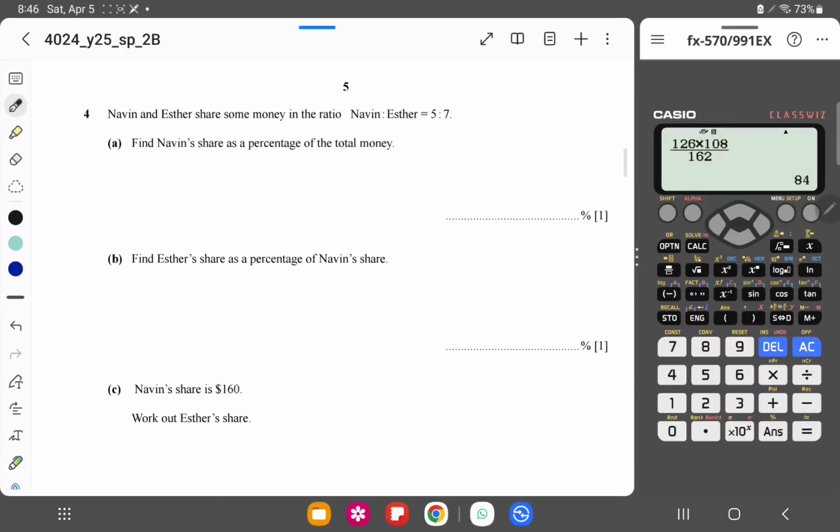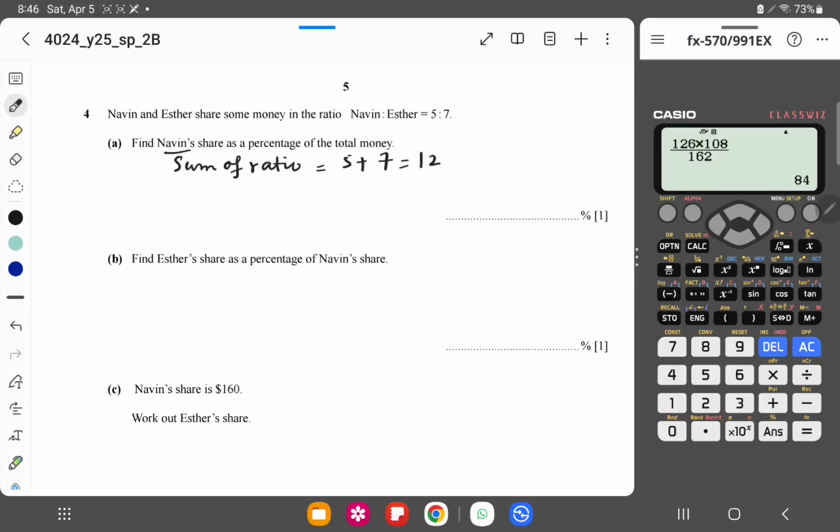Okay, question number 4. Naveen and Esther share some money in the ratio 5:7. Find Naveen's share as a percentage of the total money. It's asked in the form of a percentage. So the total sum of the ratio is 5 plus 7, which equals 12.